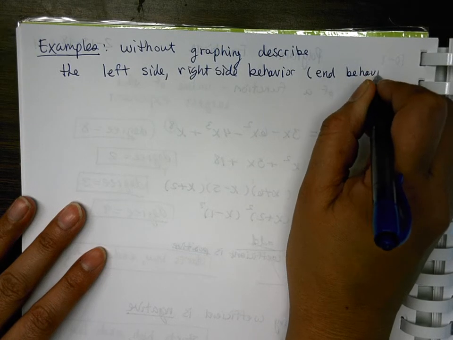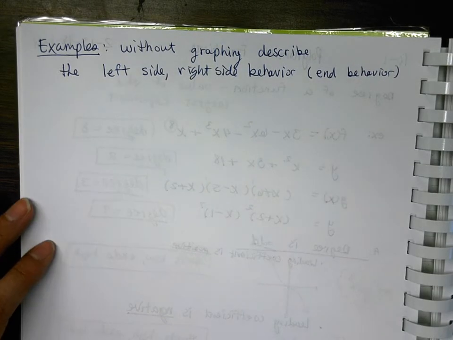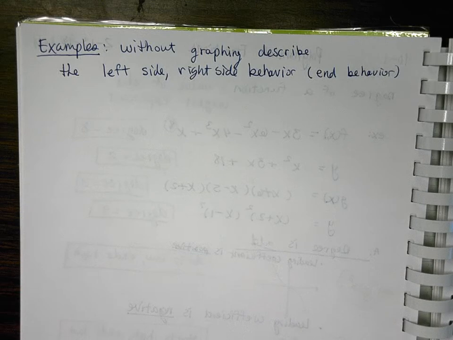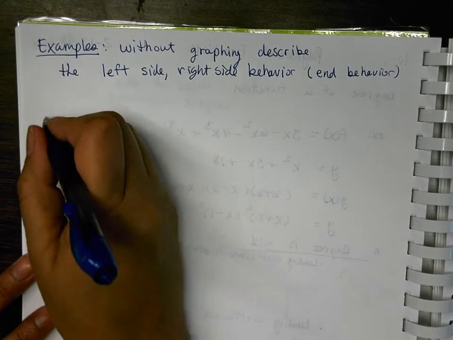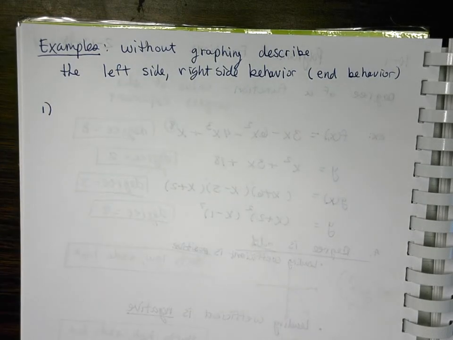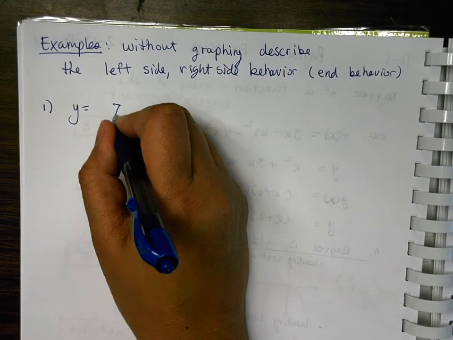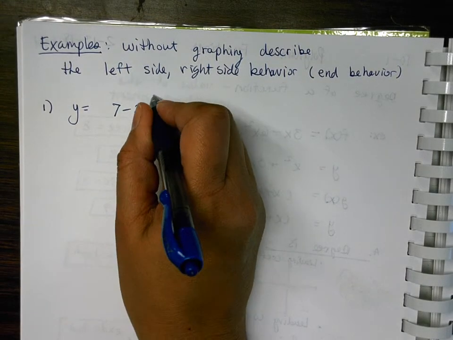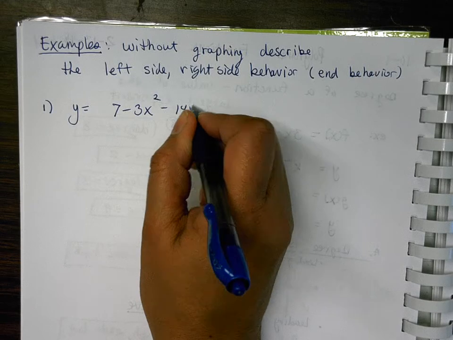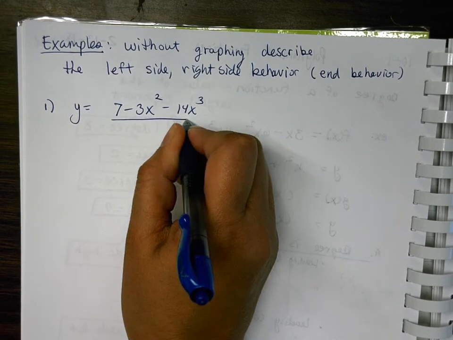So from now on, when I say end behavior, you know I'm talking about the start and the end, meaning the high, low, low, high stuff. Got it? I wish this unit could all be like this. Number 1, y equals 7 minus 3x squared minus 14x cubed, all over 5.